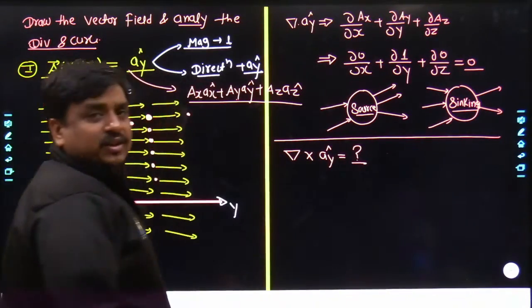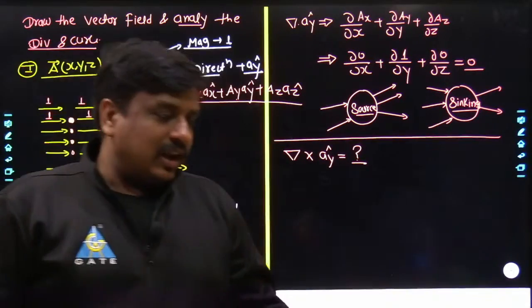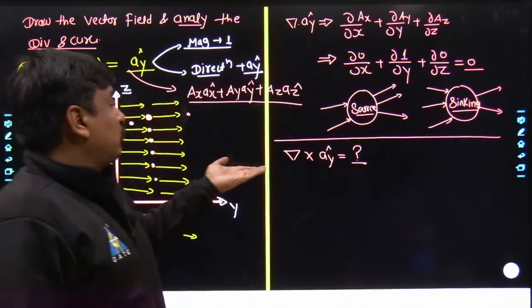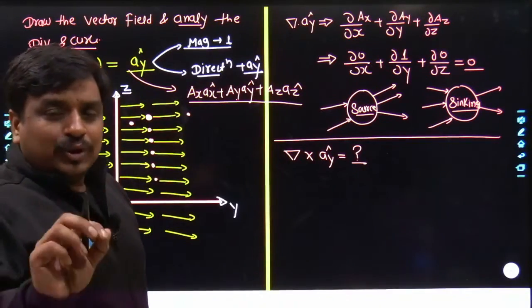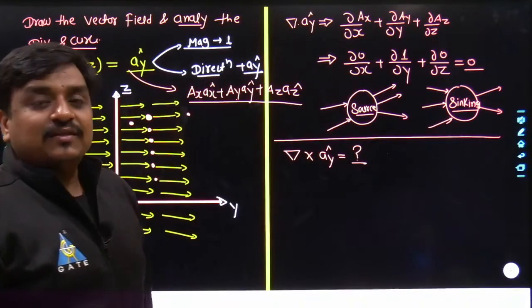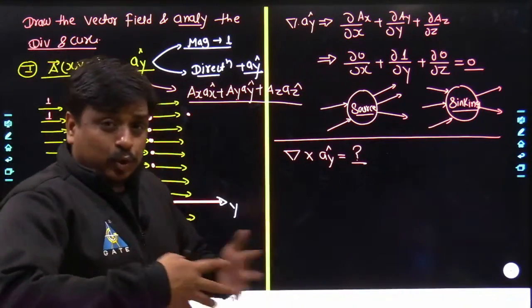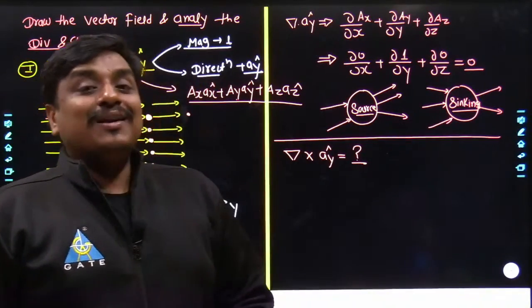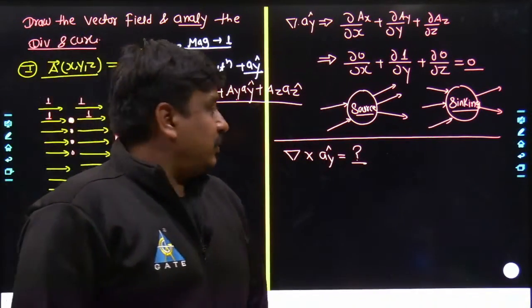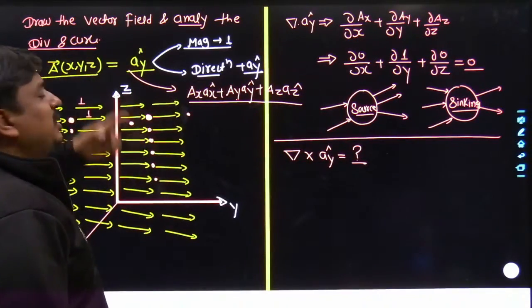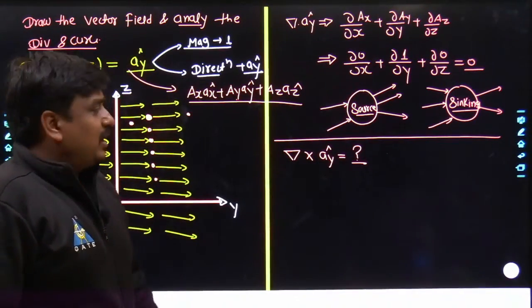Students who are on the live chat, whenever I come across certain important factors, you should calculate on your copy and try to give the answer over the live chat. Then only there would be two-way communication and I would be able to understand how far you are able to understand my concepts. What would be the curl of the vector A, taken as A y cap? Tell me the worth of it.